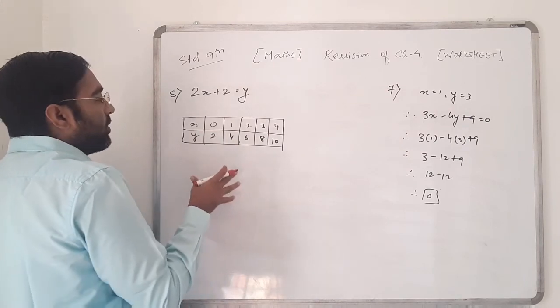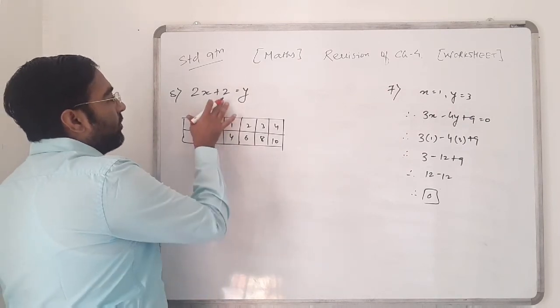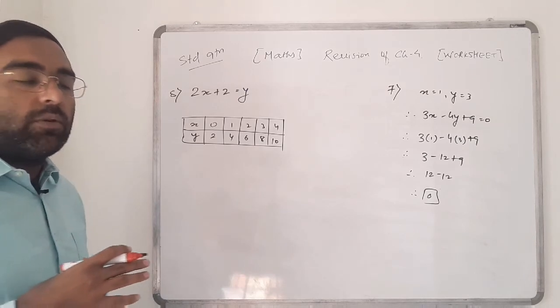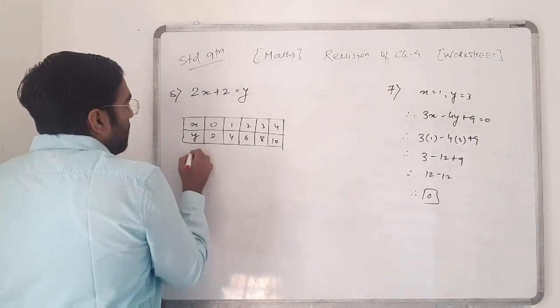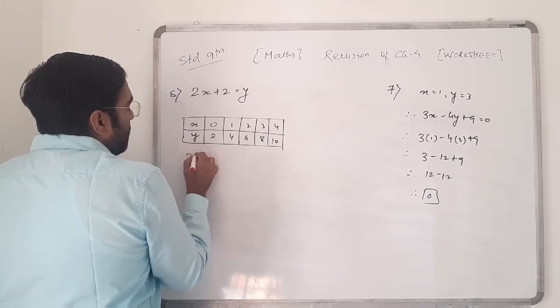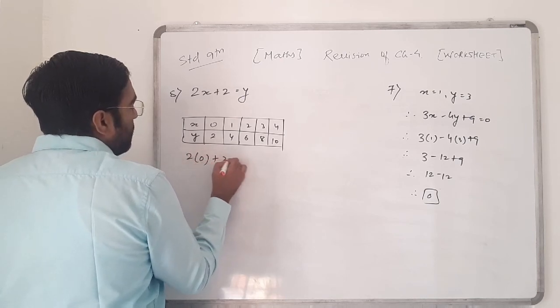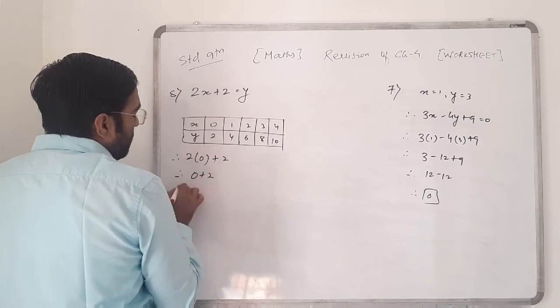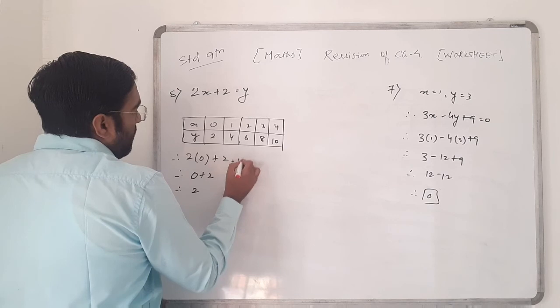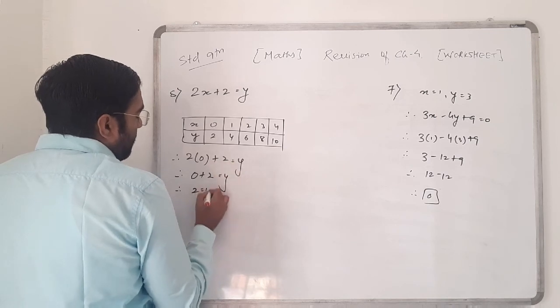So for this kind of situation, we should say whether each statement is true or false. So I'll take 2 into 0 plus 2, so therefore my value is 0 plus 2, so therefore 2 equal to y.